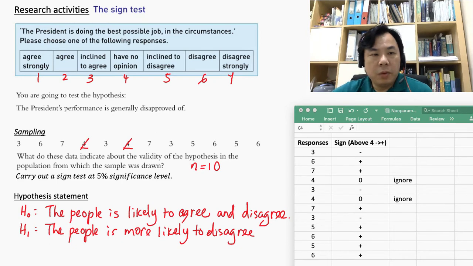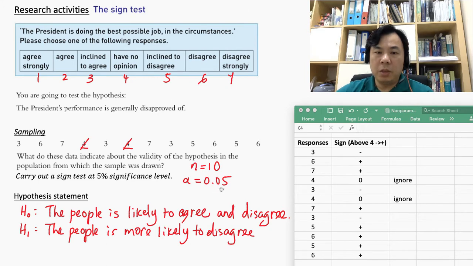And then next, before we continue on, we need to carry out a sign test at 5% significant level. So therefore, the type 1 error has been specified for us, which is 0.05 here. Now, for this critical region, it is stated that we need to find the probability of rejecting the null hypothesis, but the null hypothesis is actually true.